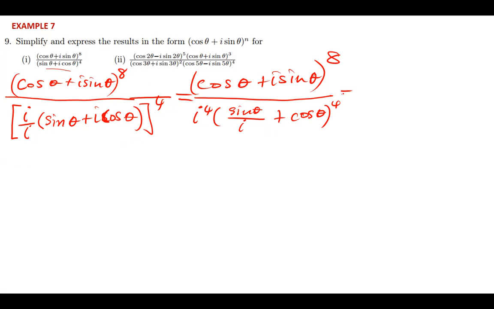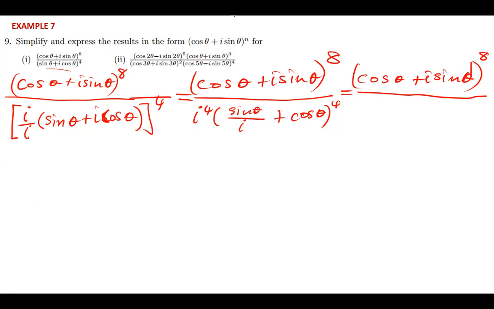So from there, we can now write cos theta plus I sine theta. Then everything to the power 8. And then down there, we remain with I to the power 4. I to the power 4, remember those that I began with complex numbers.